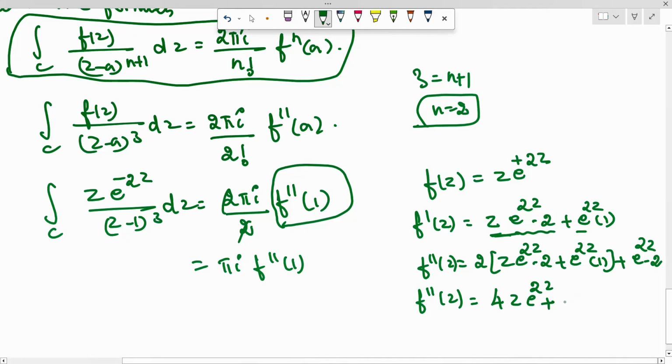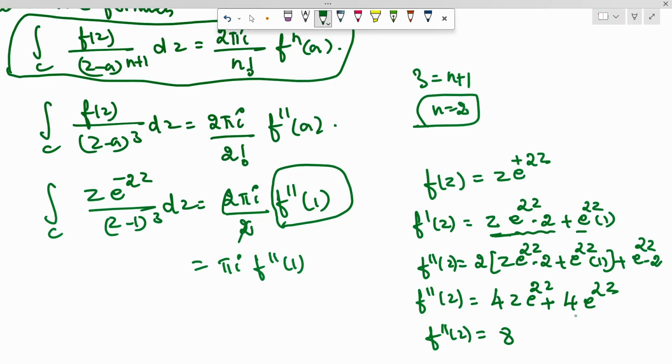Already we are having here 2 into e power 2z, which is 4 into e power 2z. So f double dash of z is 4z into e power 2z plus 4 into e power 2z.